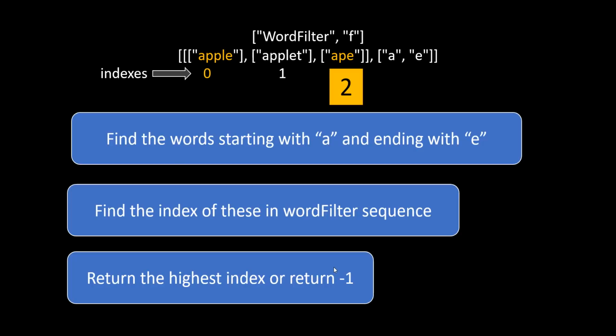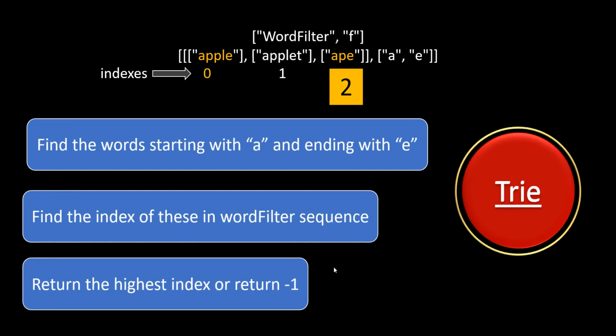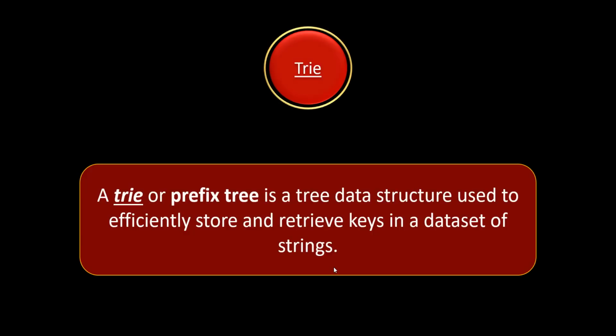The highly used and recommended data structure for making a dictionary is a trie, because it is space efficient and time efficient. And we'll see how that happens. What is a trie? A trie, also known as prefix tree, is a tree data structure that is used to efficiently store and retrieve the keys in a data set of strings.